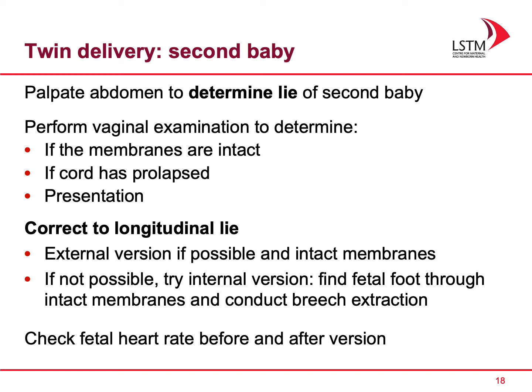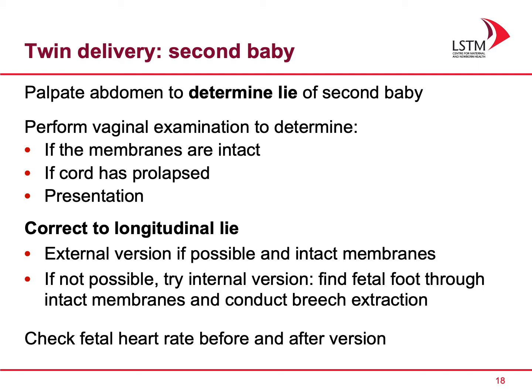It is worth knowing that both these procedures are done in a double setup, where the theater is ready and everyone is in the theater waiting for any eventualities which might happen, including an abruptio or a cord prolapse or any other complication which might arise from external cephalic version or the internal podalic version.